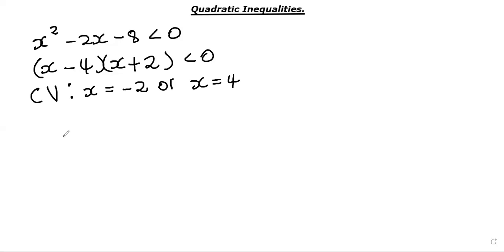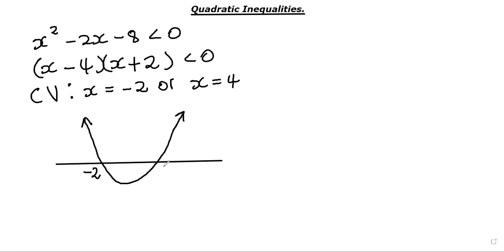After writing down the critical values, we have to represent this function graphically. So this is how it will look. And once again, the value of a is positive, so the function is facing up. This is how your nice function looks. Then you say this is -2 and this is 4. So where is this function less than 0? In other words, where is it below the x-axis?